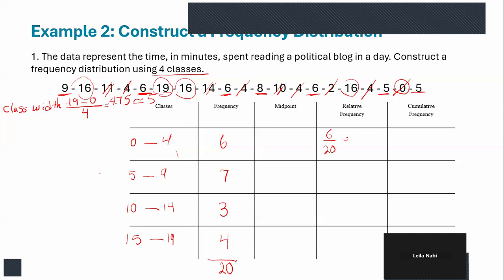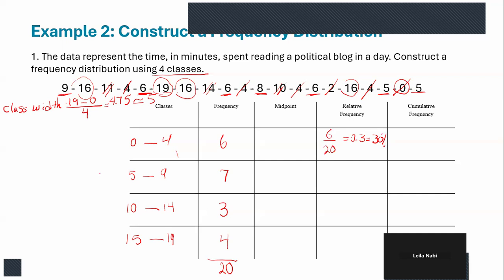You can keep it as a fraction if they ask you, or you can change it to decimal, which is 0.3. And if you want to write it as a percentage, you need to multiply it by 100, and 0.3 multiplied by 100 gives you 30%. That means 30% of the data are in the first class.